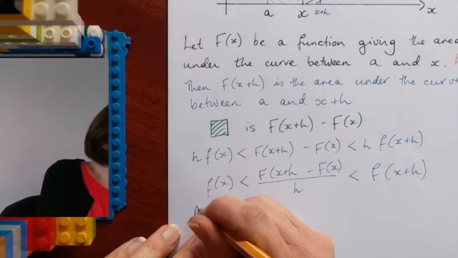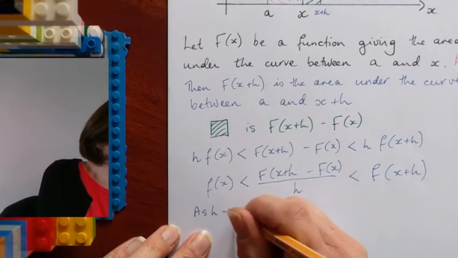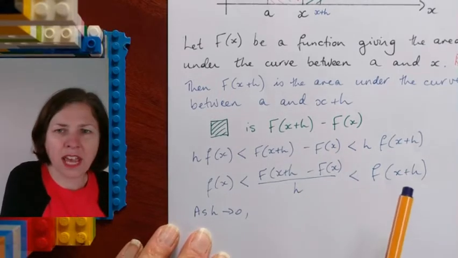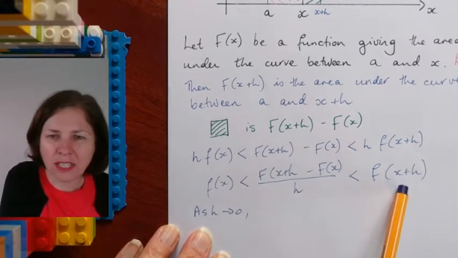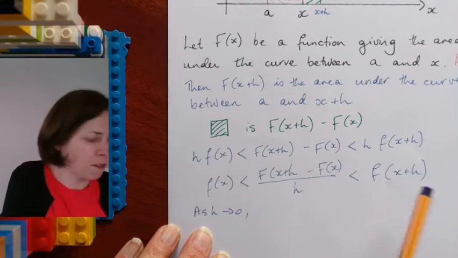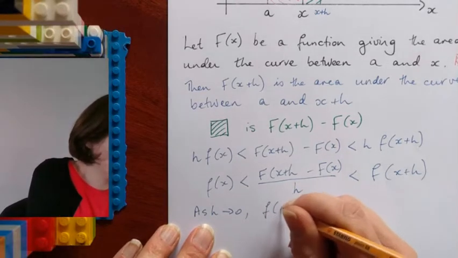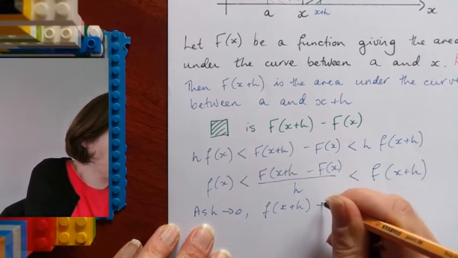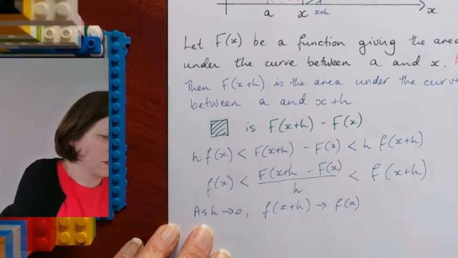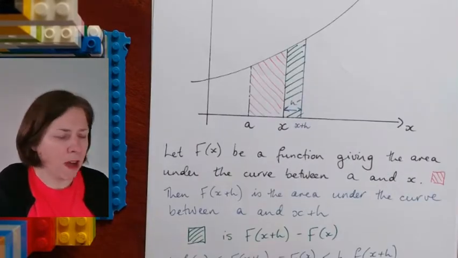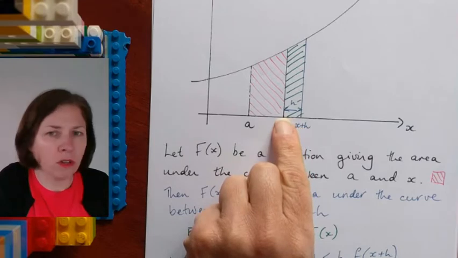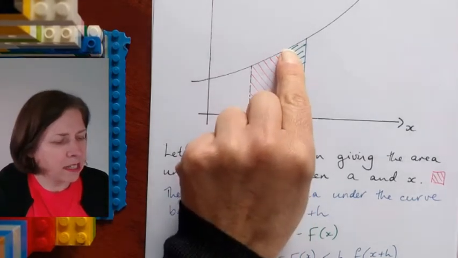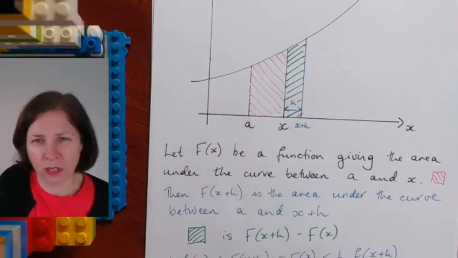As h approaches 0, what's going to happen to f of x plus h? It's actually going to approach f of x. Right? If I move this point really, really close to x, then the two heights will be almost the same.